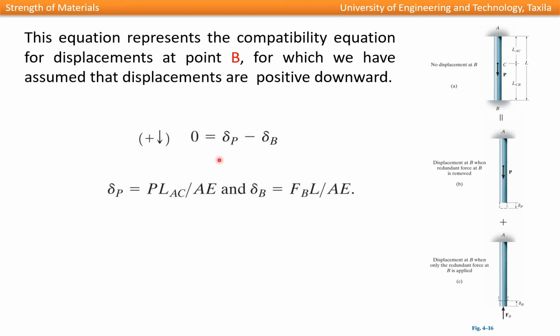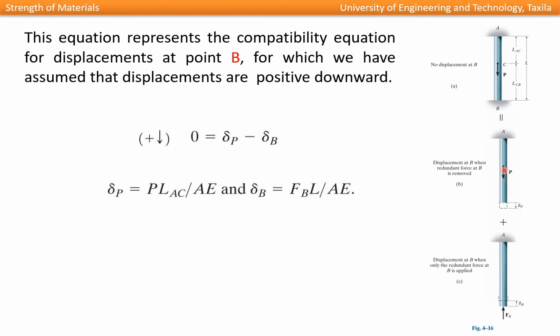We can put in the expressions for delta P and delta B. For delta P it is P LAC divided by AE, and for delta B it is FB times L over AE.